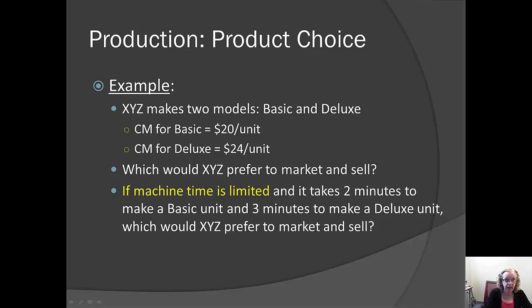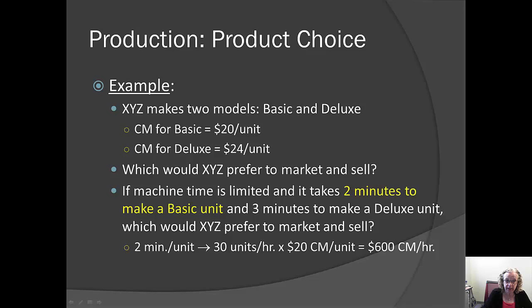How does that affect the company's focus? Well, it takes 2 minutes to make a basic unit. That means that the firm can churn out 30 basic units an hour. The contribution margin on a basic unit is $20.